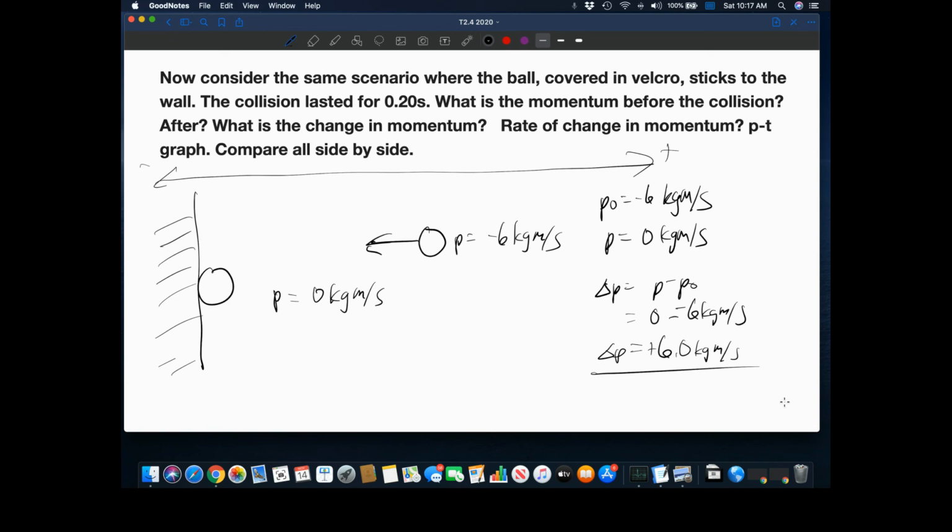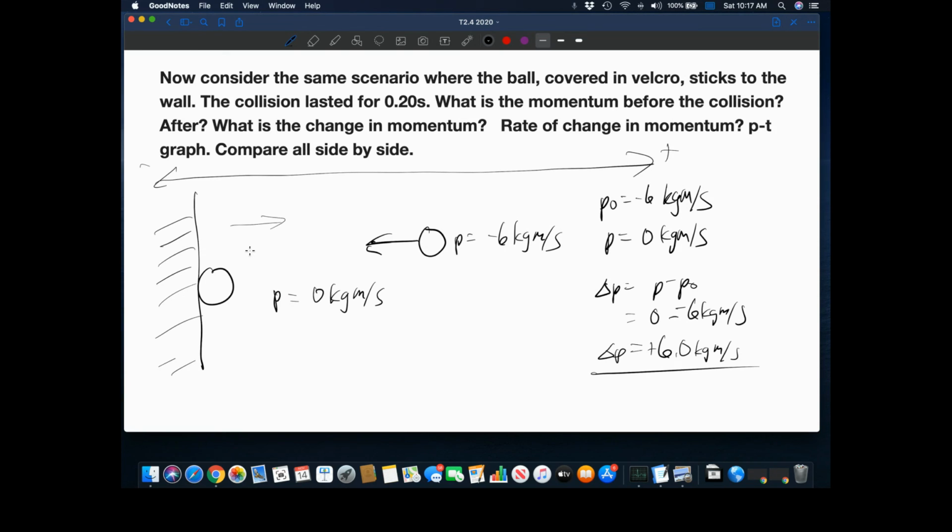Now, again, that's important because the momentum initially was negative, and for it to be 0 afterward, we have to have something occurring in the positive direction. The negative momentum decreased to 0, so that suggests that the acceleration is positive.